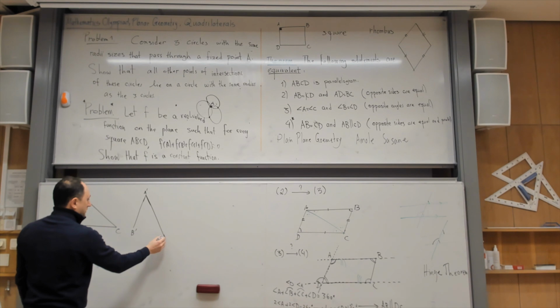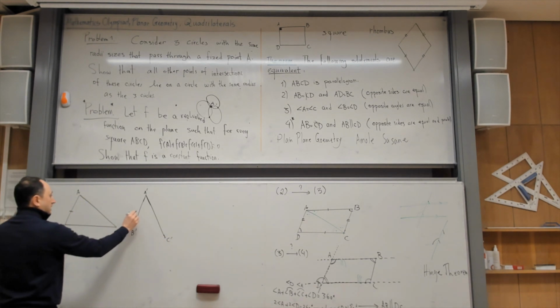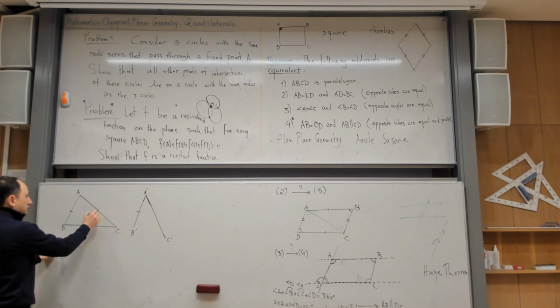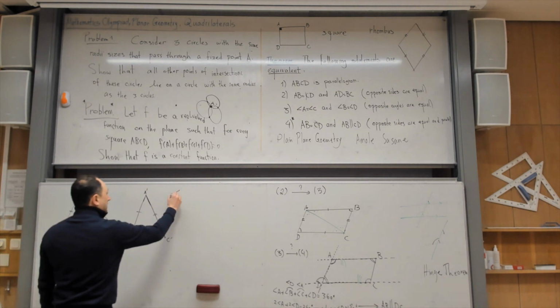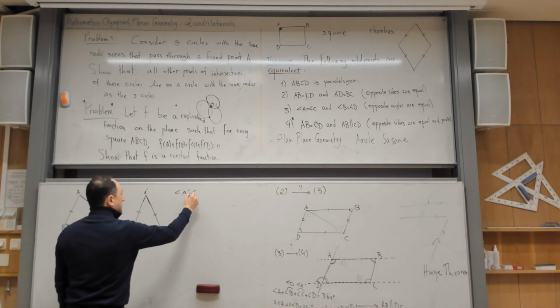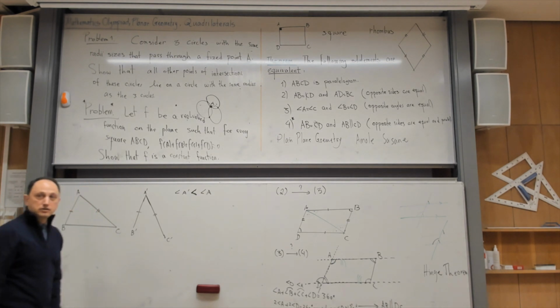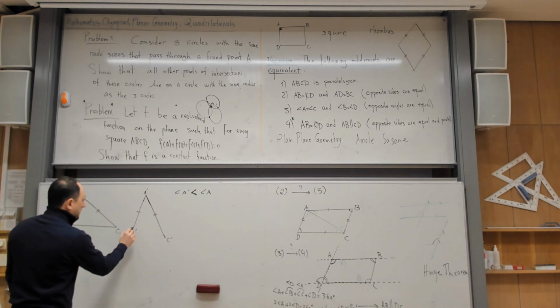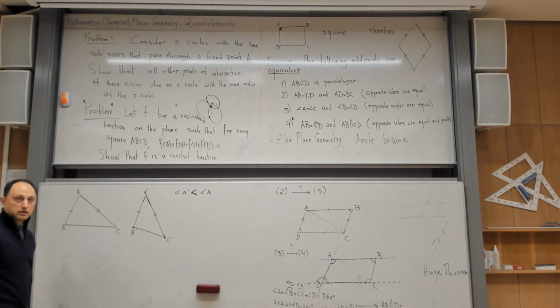So what I want to say is that I want to keep this size and that size the same. I want to keep this size and that size the same. And of course, the angle A prime, I want to make it smaller than angle A. But then I want to say something about the length of the third side.